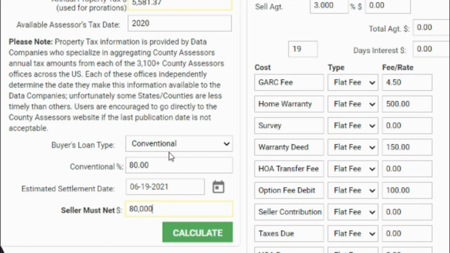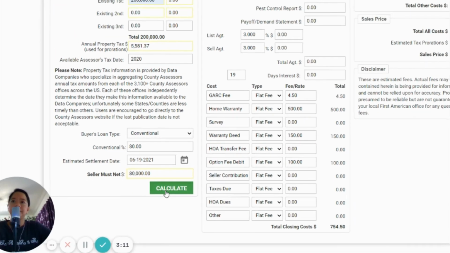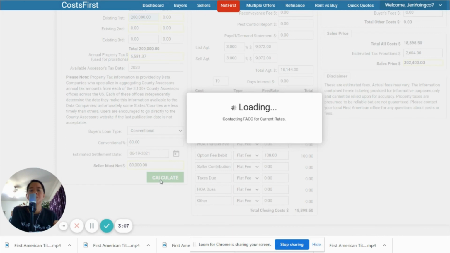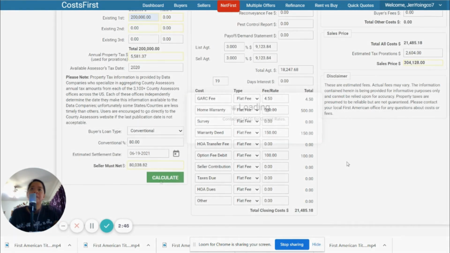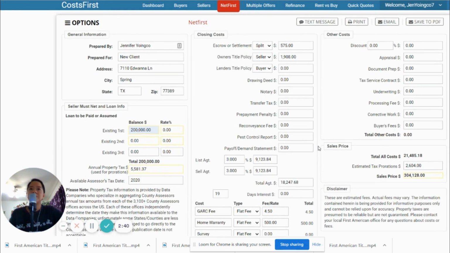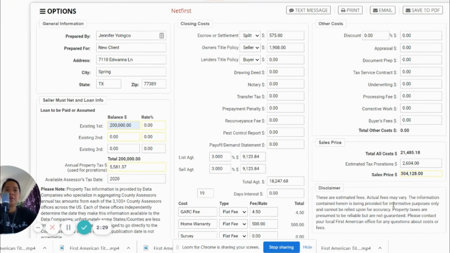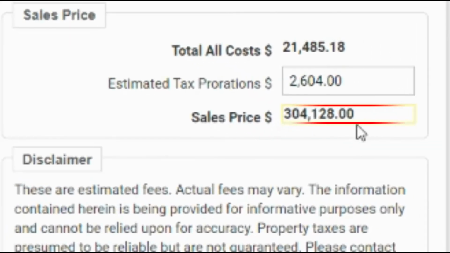For example, the buyer is conventional and they plan to put 20% down. Loading the current rates. Okay, in order for me to net 80,000, so this is an approximate. All these commission fees out on the table, as me, the seller paying all these title policies and stuff, the typical fees. In other words, I need to get it to a sales price of 304,128.